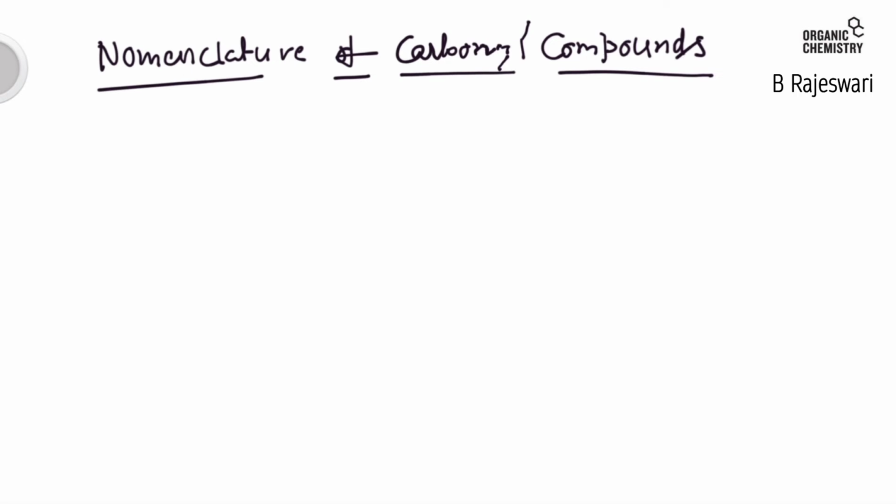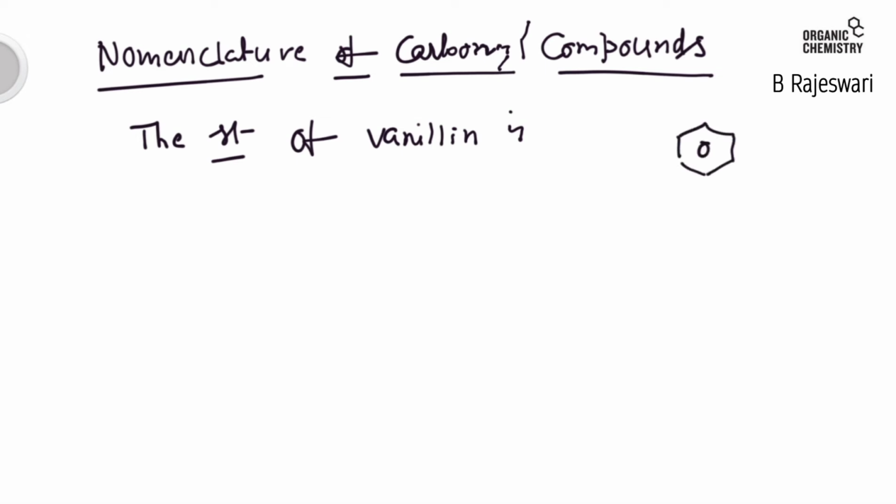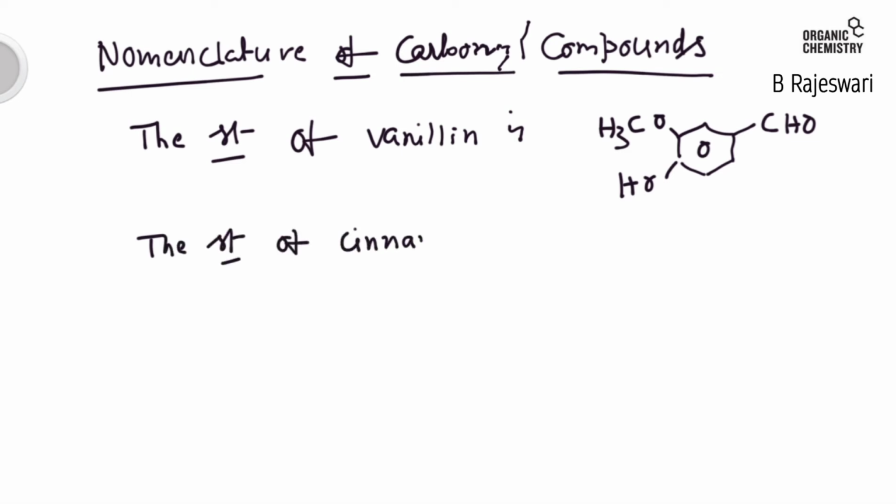Students, the structure of vanillin is like this, and the structure of cinnamaldehyde is C6H5 CH double bond CH COOH.